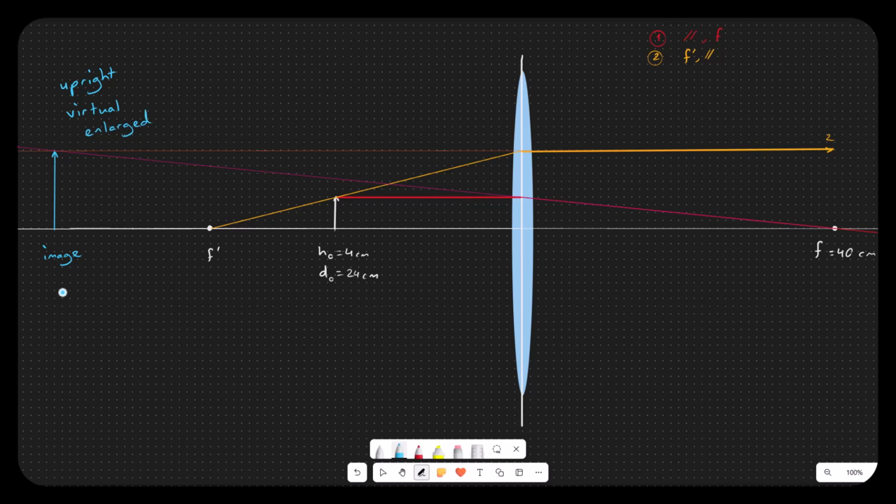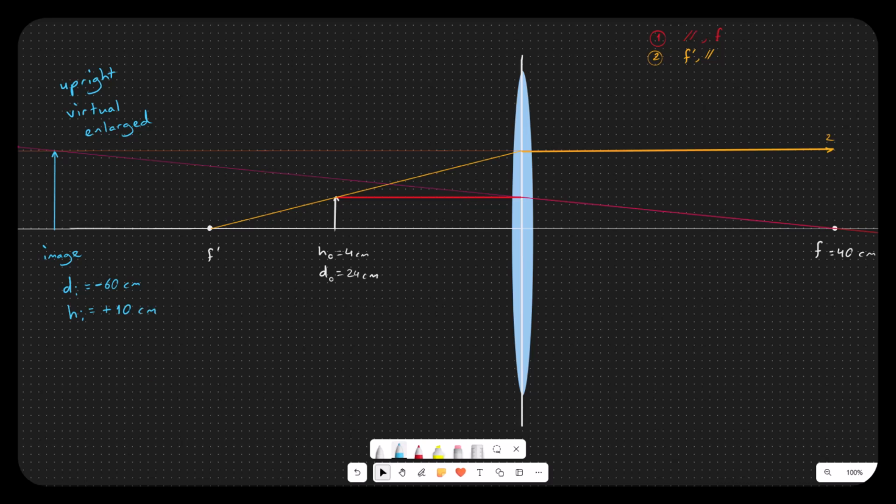My image distance is 60, but it's on the wrong side of the lens, so negative 60. My image height, I am right side up, so it's positive, and this is 10.